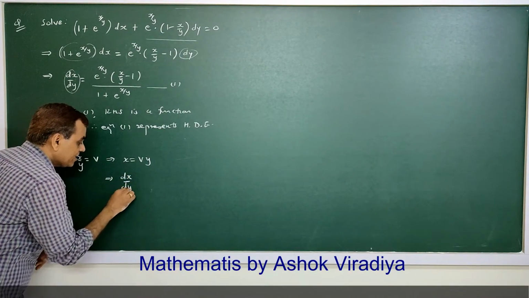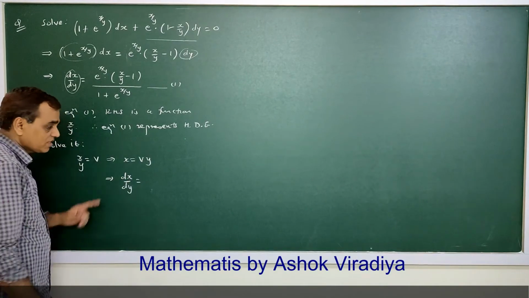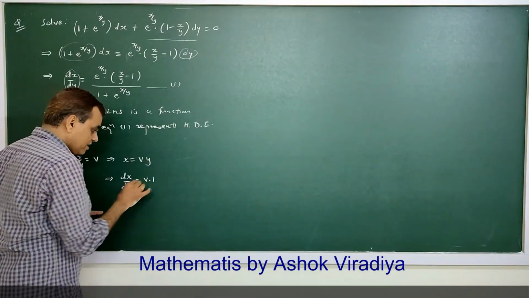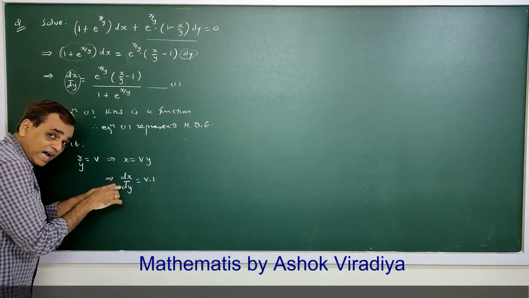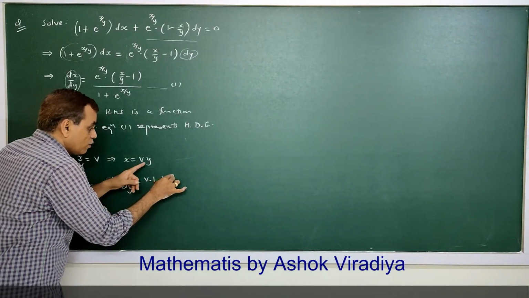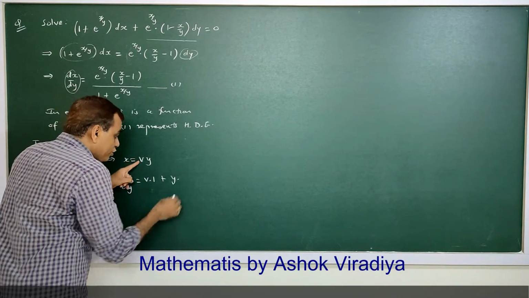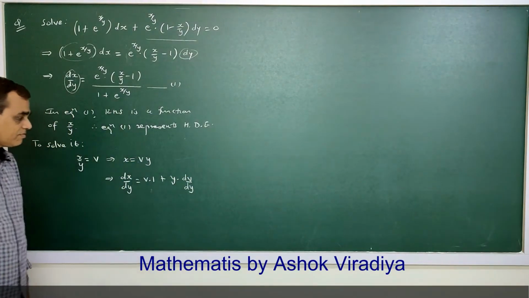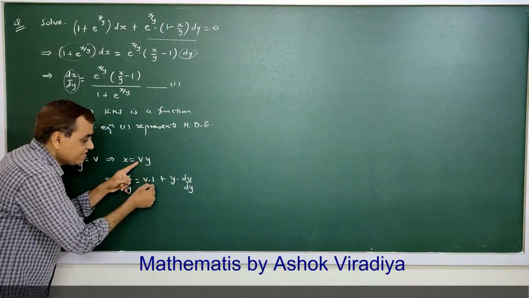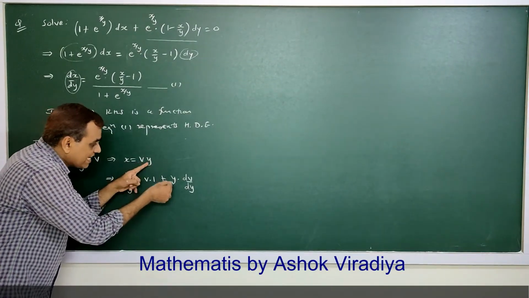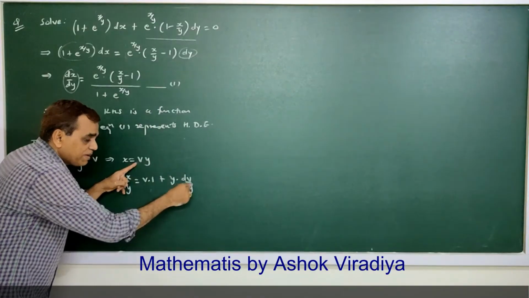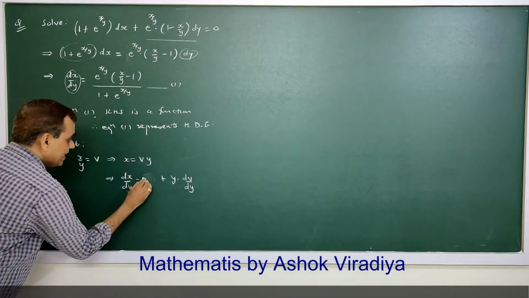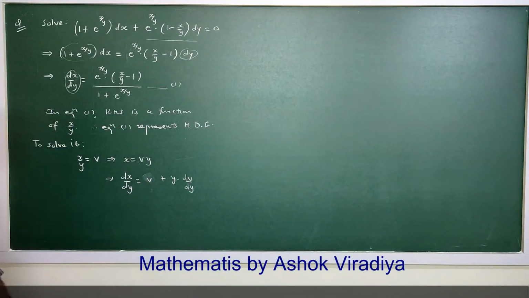So differentiating this with respect to y, v as it is, derivative of y is 1, plus y as it is, derivative of v with respect to y, dv by dy. So v plus y into dv by dy.